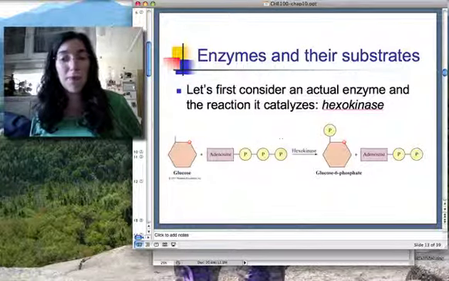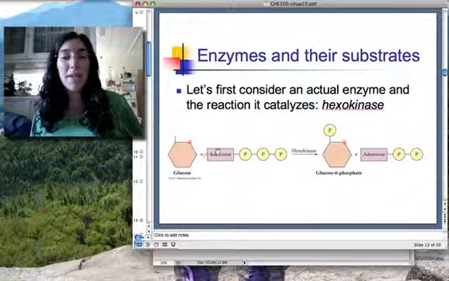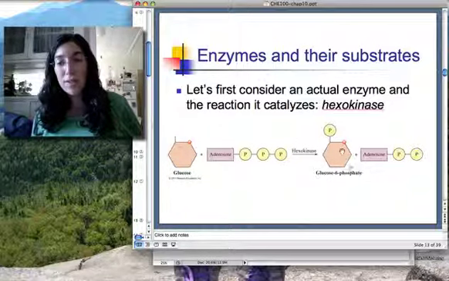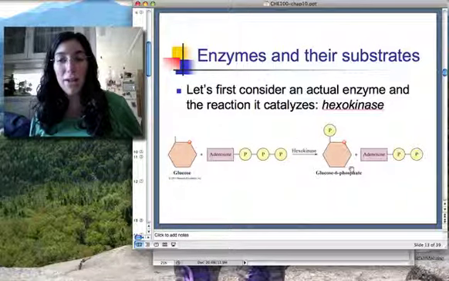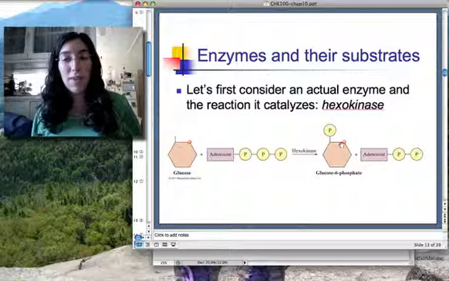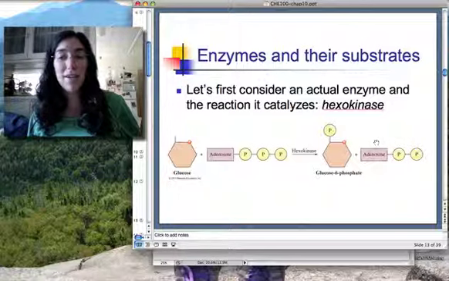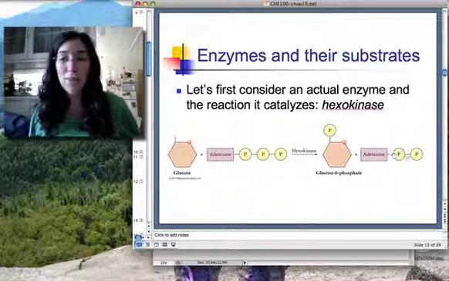where one of the phosphates from ATP, adenosine triphosphate, adenosine plus 3 phosphate groups, okay? It transfers one of the phosphate groups from the ATP onto the glucose. So your products of this reaction are glucose 6-phosphate, glucose with a phosphate attached to the 6th carbon, and ADP, adenosine diphosphate, which has 2 phosphates.